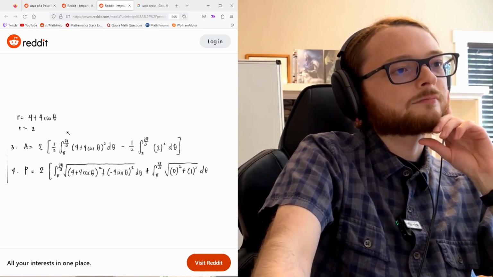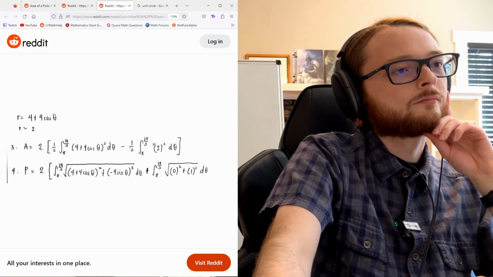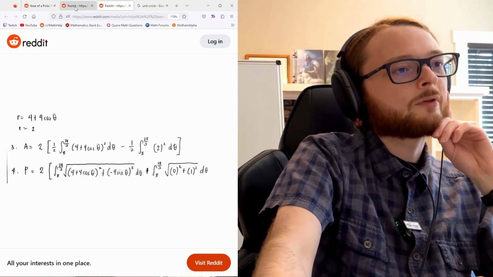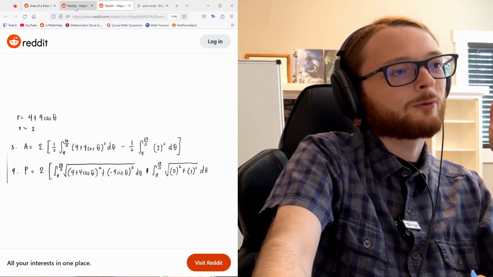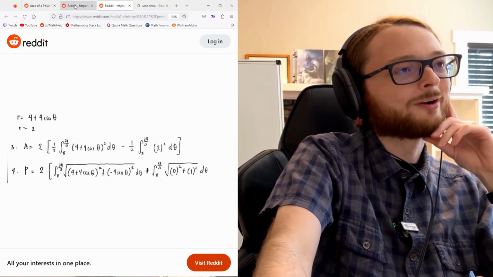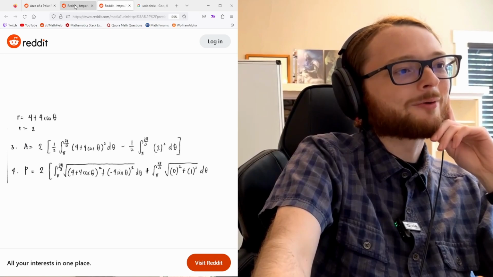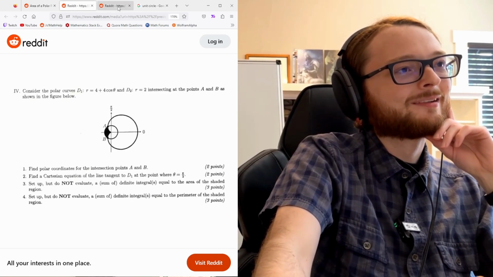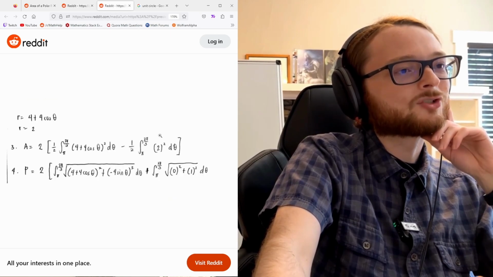And I think they also flipped the inner and the outer, which ironically might have compensated for having the bounds backwards. Because the 2 is the outer function here, and it should come first.